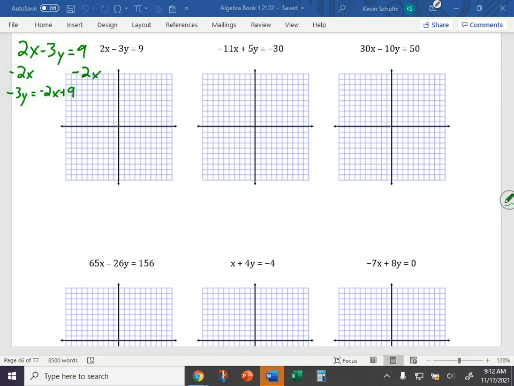Okay, if you need to review this, look at the first page of PO22. Right? This is what that first page was. And then what do we do next? Noah? Divide them all by -3. Divide everything by -3. Right? Which gives us y by itself. -2 divided by -3 doesn't work out evenly, but do we care?